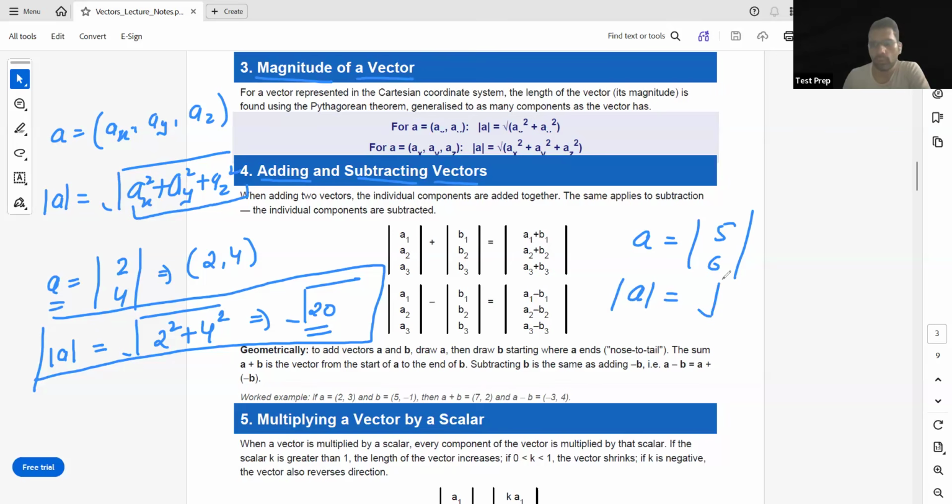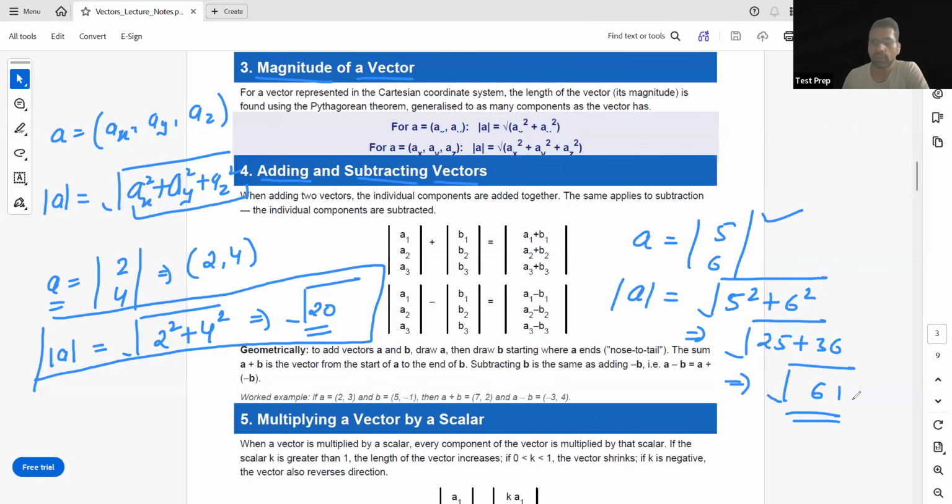So simply we take the square root of the sum of the squares of these two numbers. 5 square plus 6 square, 25 plus 36, that is equal to square root of 61. Now the magnitude of this vector is equal to square root of 61. Now remember the formula of the magnitude of vectors.